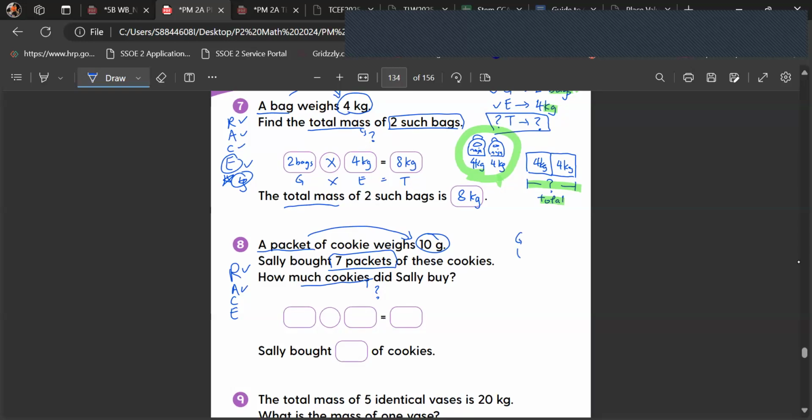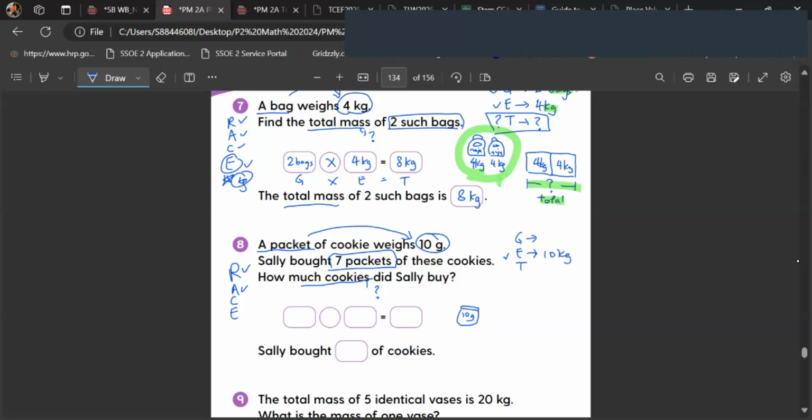It is asking you, one packet of cookies weighs 10 grams, right? So I have one packet, 10 grams of cookies. So that's each.